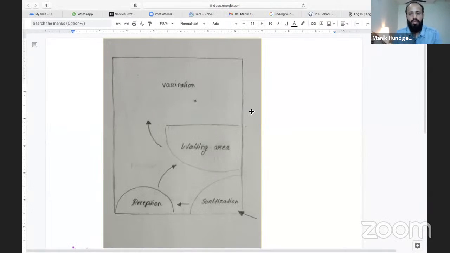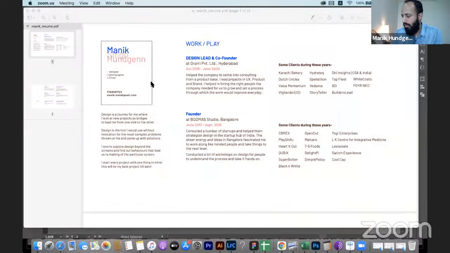How many of you are on mobile and how many are actually on their PCs? I opened too many screens.